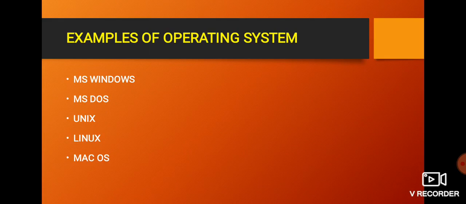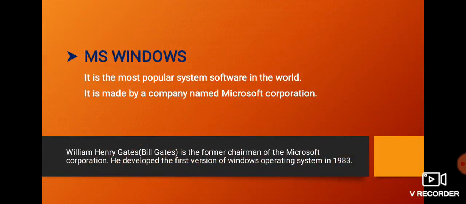In our book we are going to see MS Windows in depth. Why it is the most popular system is that it contains many features, it is user friendly, and it can be adapted to many PCs. It is an easy way to work.